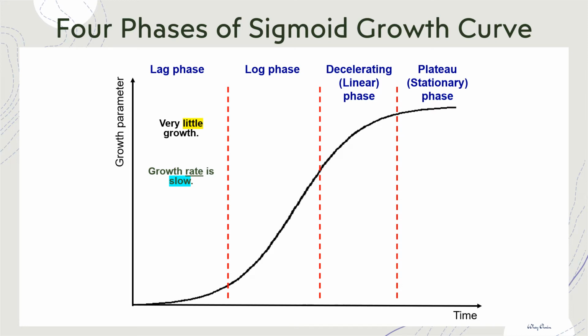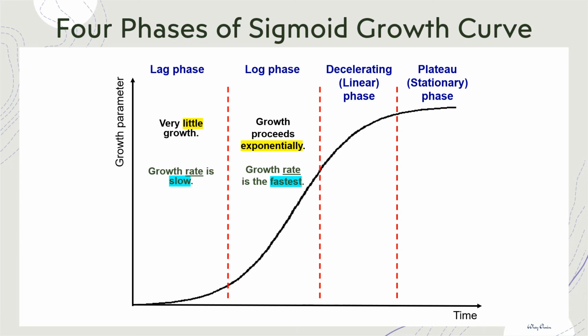Log phase, nama dia log sebab pada fasa ini pertumbuhan tu berlaku secara sangat cepat. Kadang-kadang menunjukkan berkali ganda pertumbuhan tersebut. That's why kita panggil dia proceed exponentially. Atau kita tengok kadar pertumbuhan is the fastest phase.